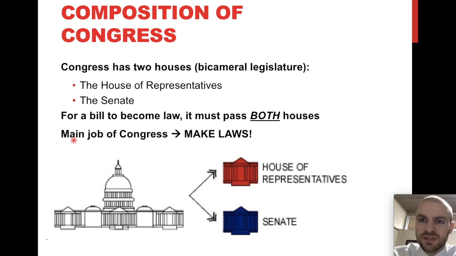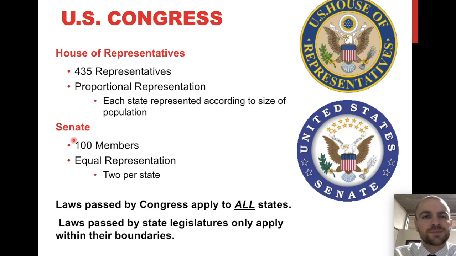Sometimes students come into this class thinking that the president makes law. The president's main job is not to make law. Who makes law? Congress makes law. They are the legislators. They are the law-making body of this country. The legislative branch writes legislation.